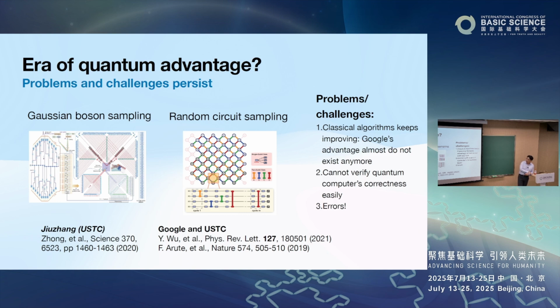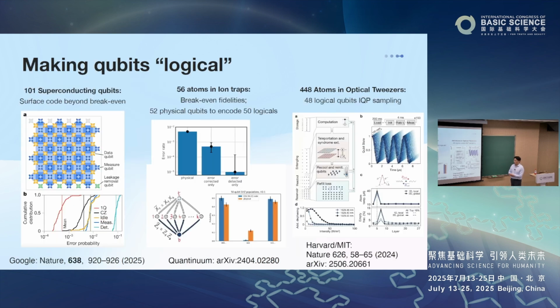One way of dealing with these errors would be to make the qubits logical, which is to stack up physical qubits and then use quantum error correction codes to turn those into logical qubits.